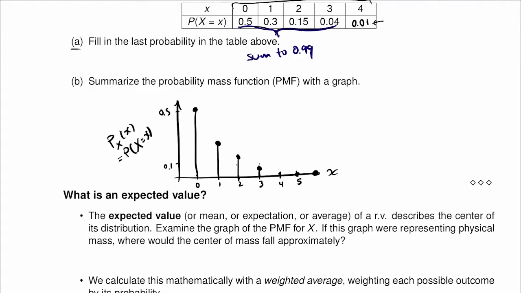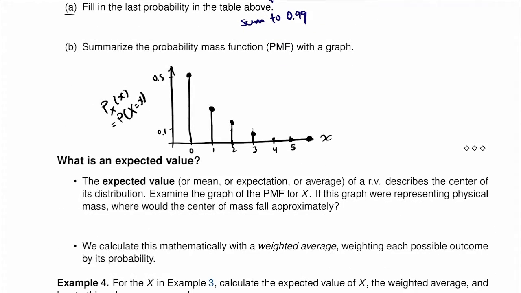Now, what is an expected value? The expected value, or also mean or expectation or the average of a random variable, describes the center of the distribution. We can examine the graph of the PMF for the random variable x, and if this graph were representing physical mass, where would the center of mass fall approximately? In this example, if we try to approximate the center of mass, I will say this will be over here, right?